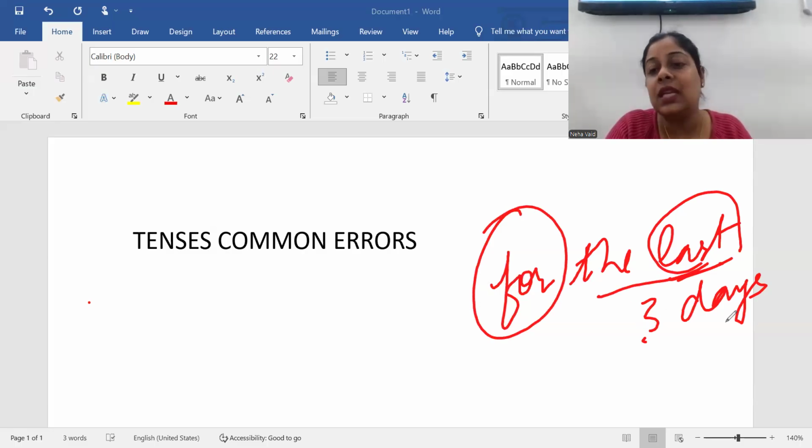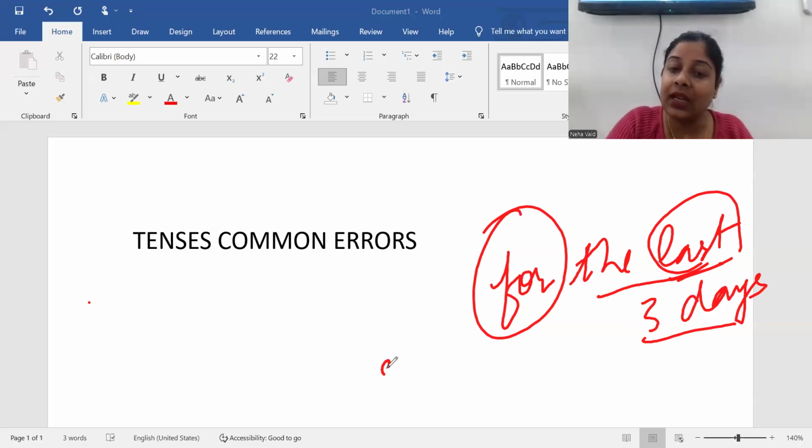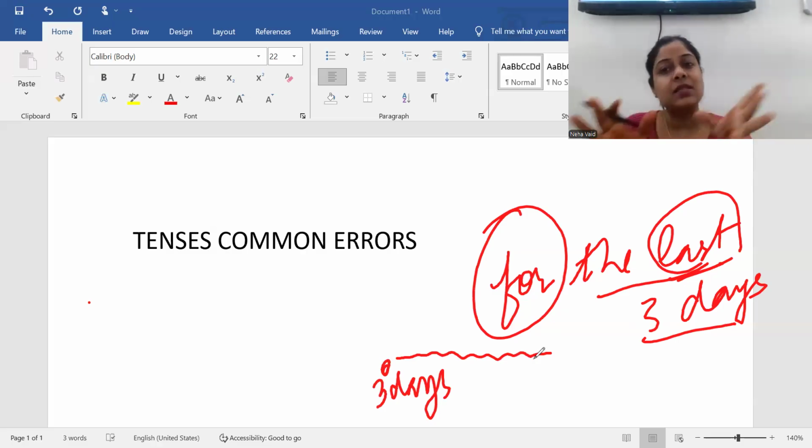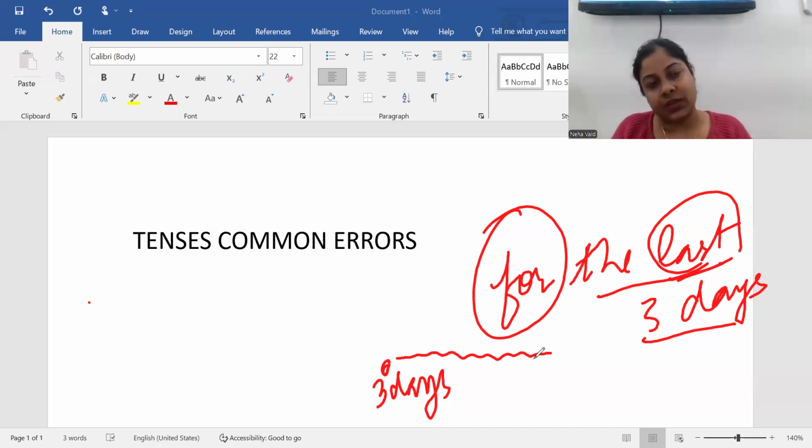And here the last 3 days means the action started 3 days back and is still in process. That's why we are using present perfect continuous. So present perfect continuous means the action which started in the past and is still in process.